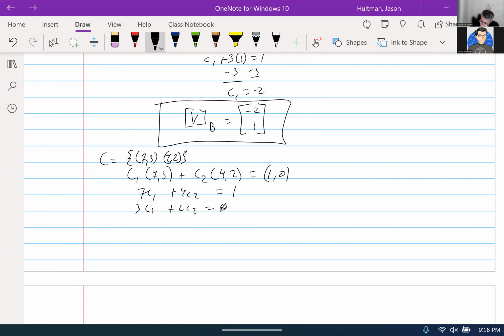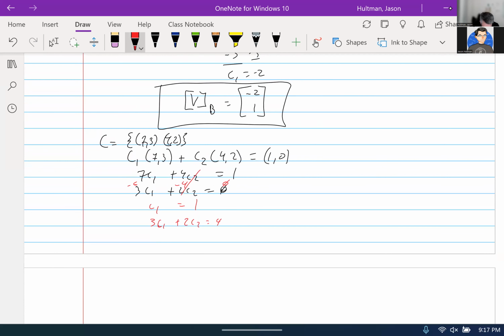Once again, we will multiply the bottom by -2. So -6, -4, 0. This becomes C1, that goes away, is equal to 1. So C1 is equal to 1, and that's good. I'll use the bottom one since it has a 0. 3C1 plus 2C2 is equal to 0.